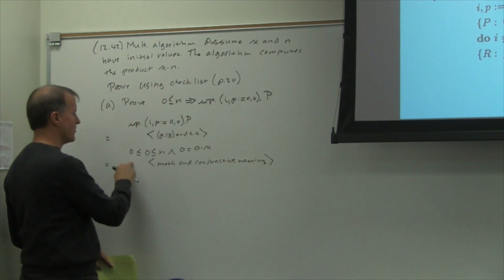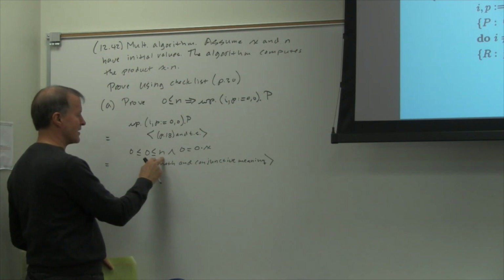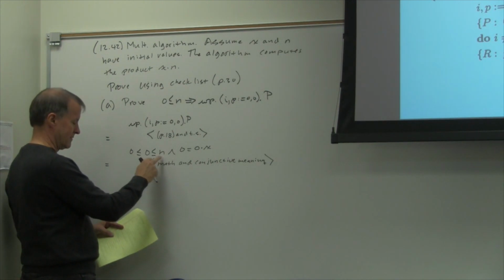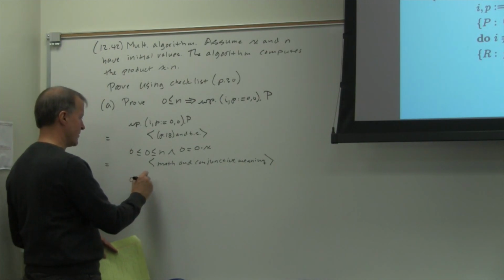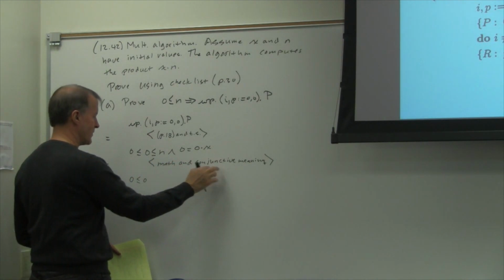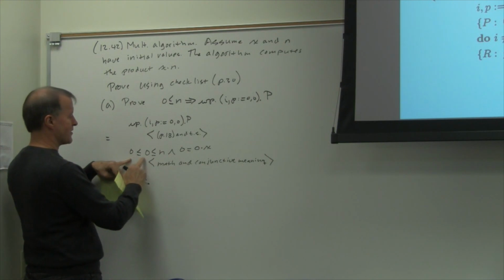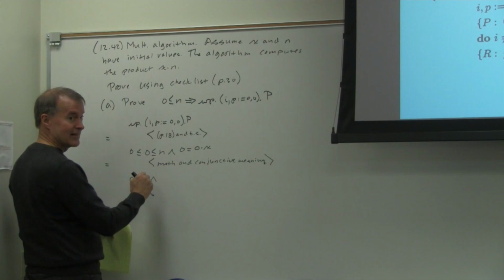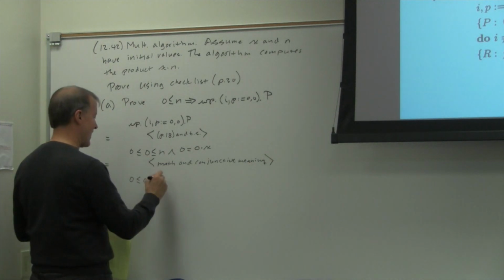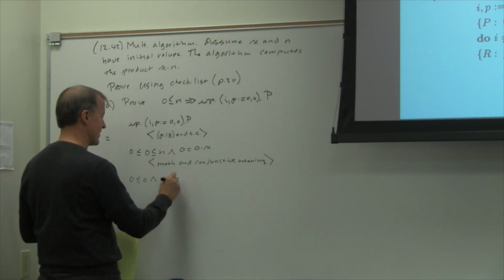Because what does it mean? 0 is less than or equal to 0 is less than or equal to n. What does that mean? What is the conjunctive meaning of that? 0 is less than or equal to 0, and 0 is less than or equal to n.